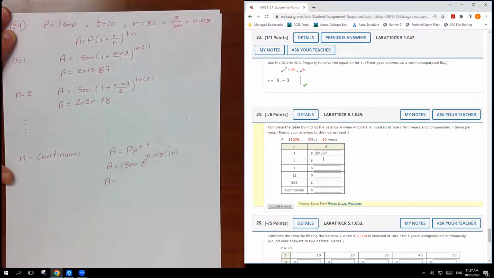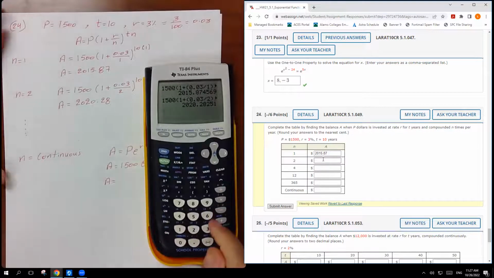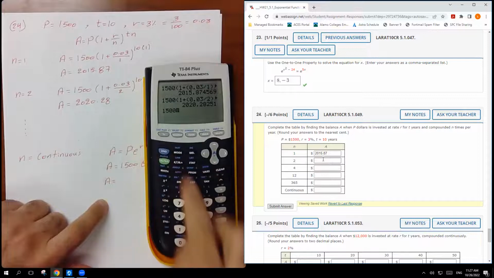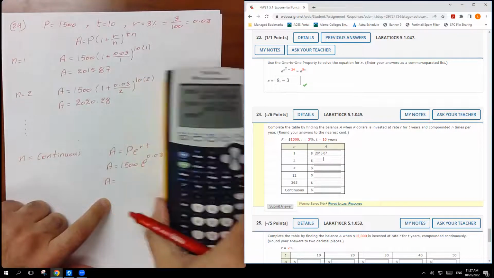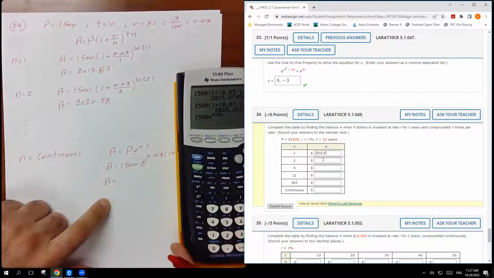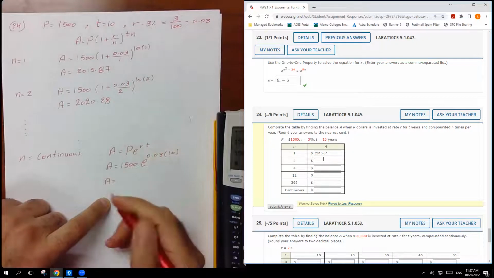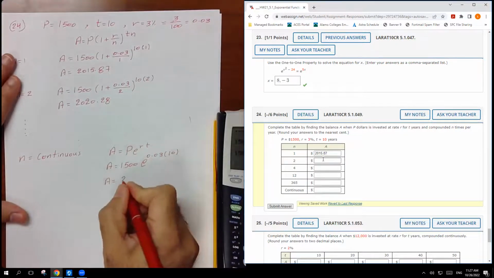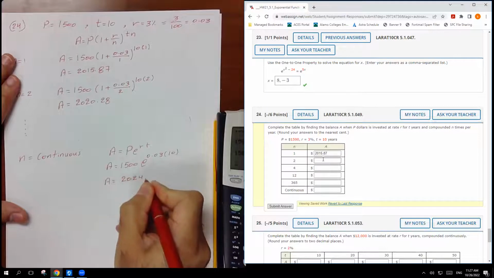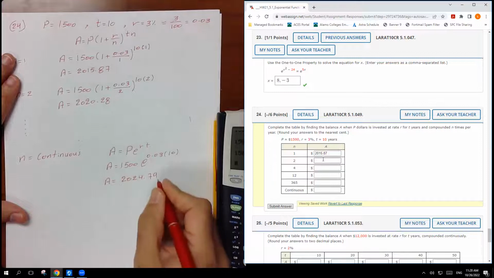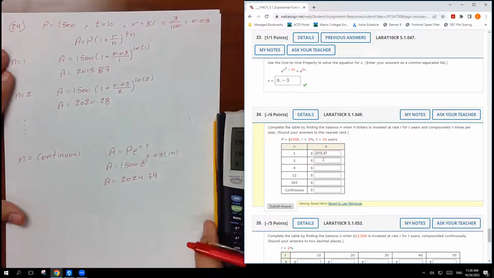So A equals 1500, second function ln, which is the e function, and 0.03 times 10. And the result is going to be 2024.79.